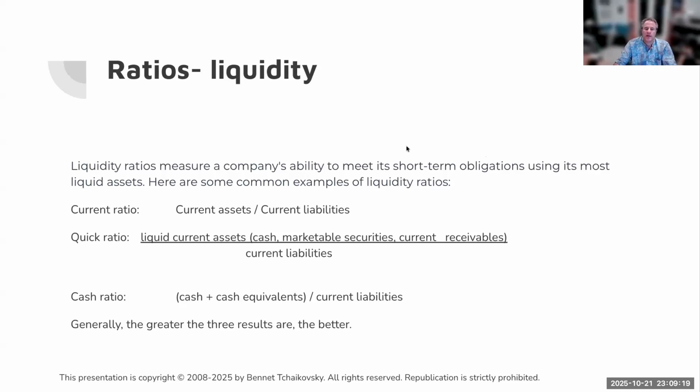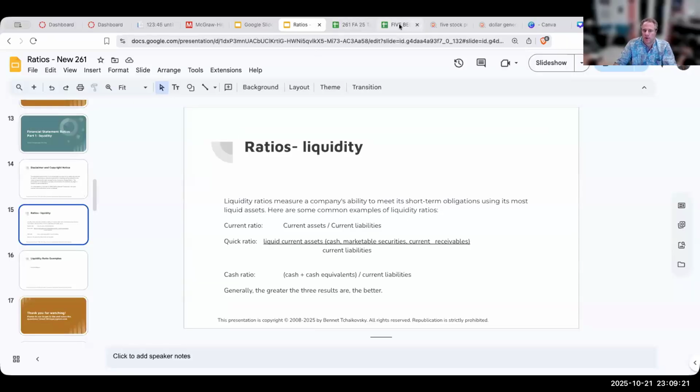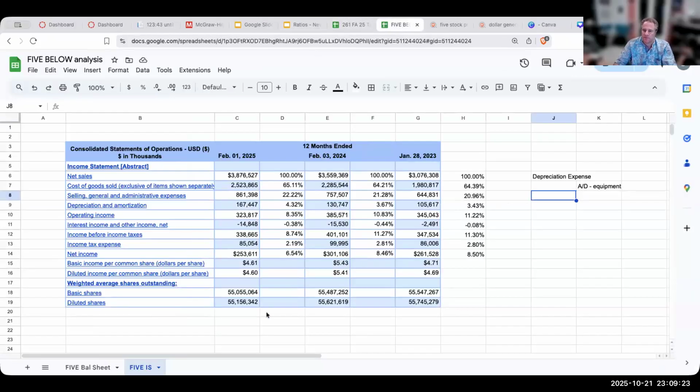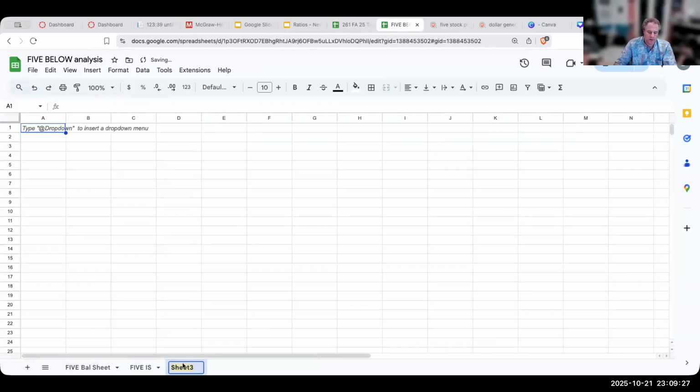Let's go through and take a look at some ratios here for Five Below. We're going to add in a new tab. We'll start here with our liquidity ratios, starting with our current ratio, current assets divided by our current liabilities.